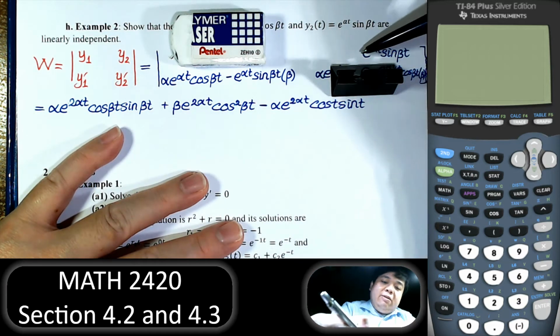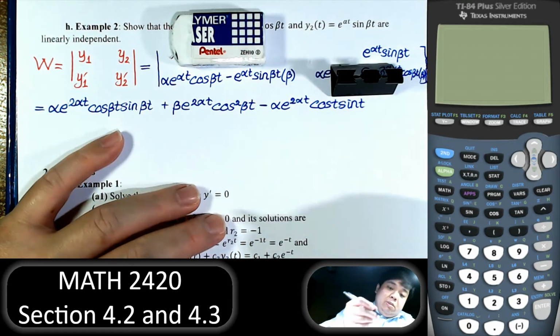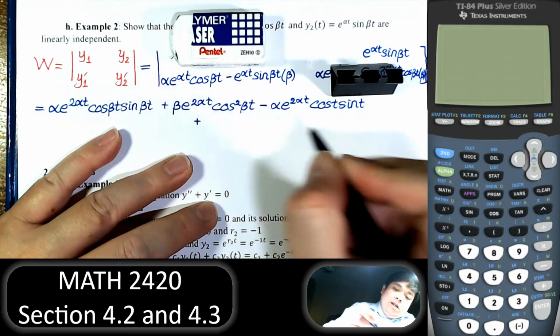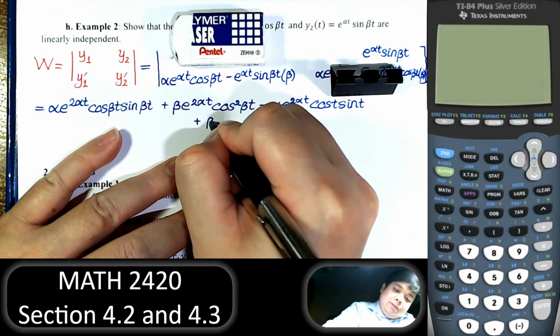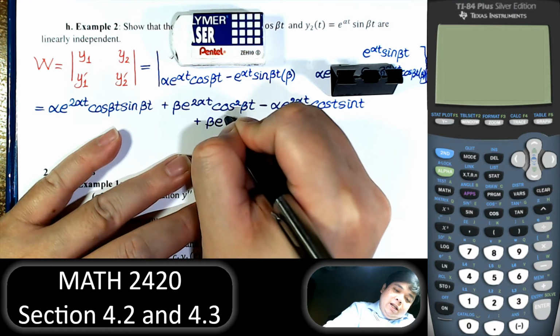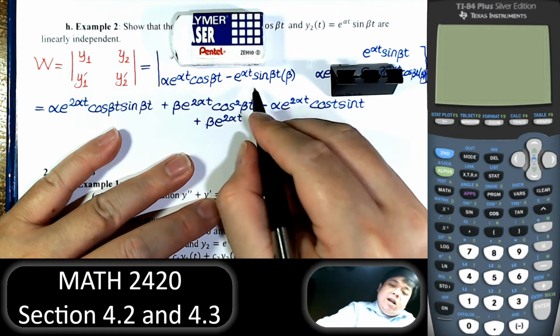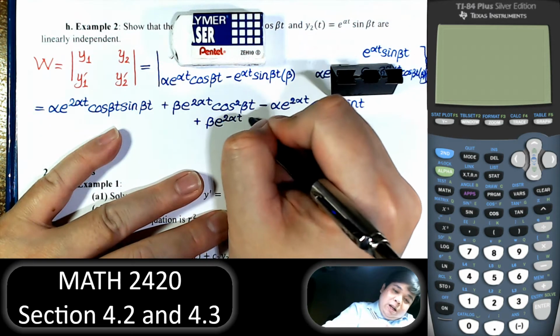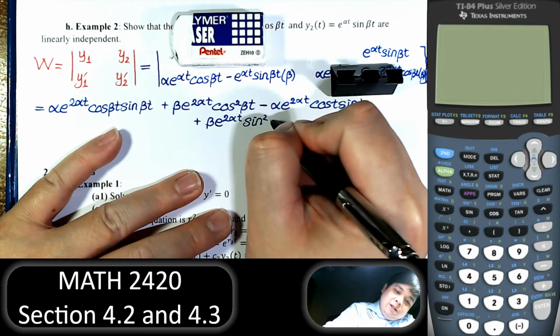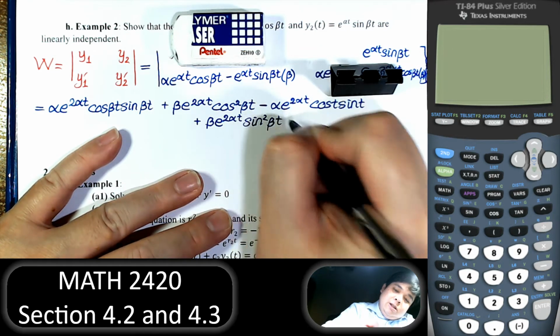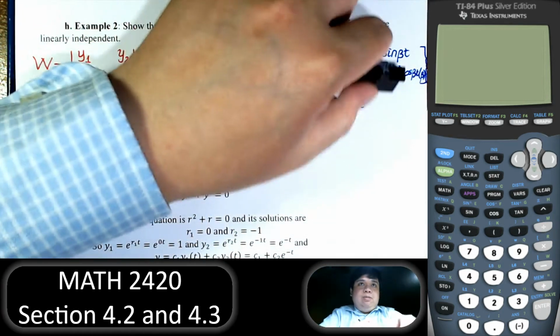And then negative, that term times negative this term is going to be a plus, also beta e to the 2 alpha t, sine times sine will be sine squared.